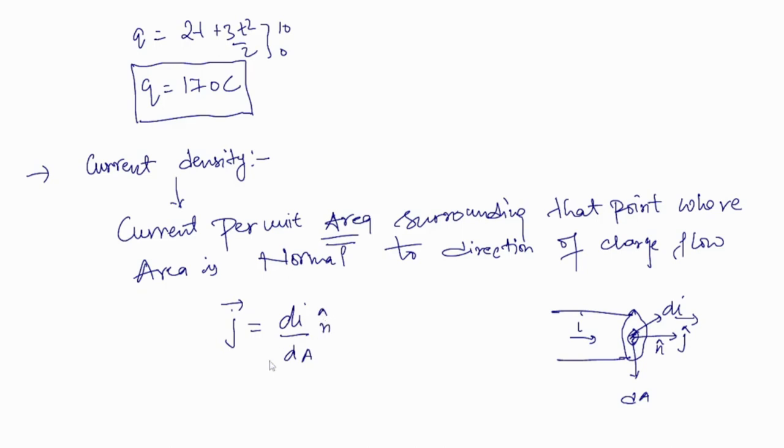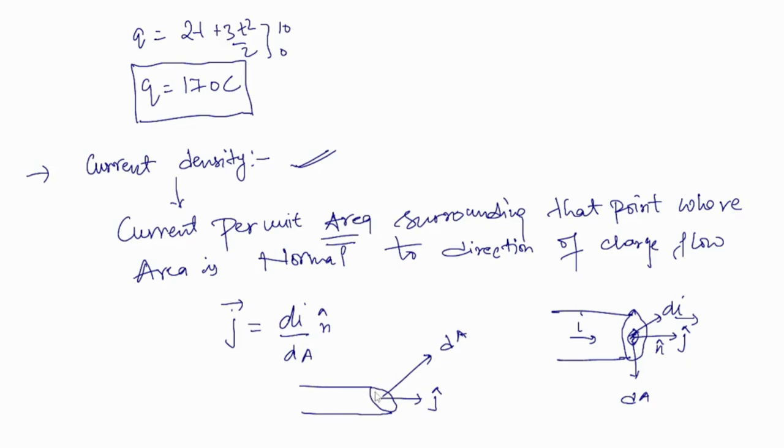And if the area is not normal to the current, but makes an angle theta with the normal to the direction of current, then you need to take its perpendicular component. Suppose it is somewhat like this. The area is not perpendicular, and it is pointing in this direction. You know this will be the direction of vector j.